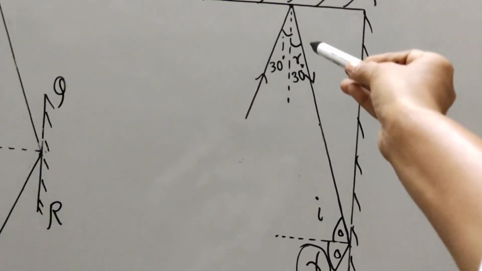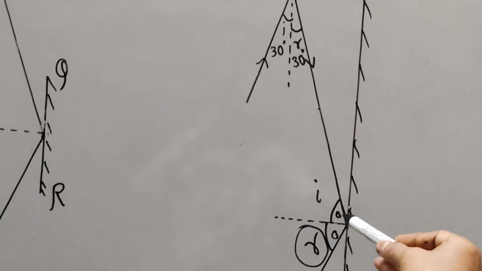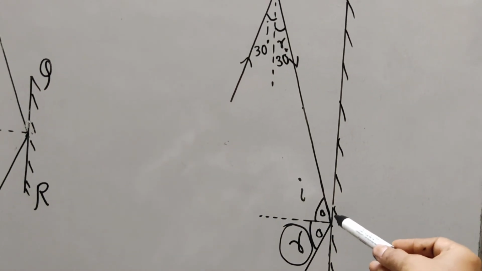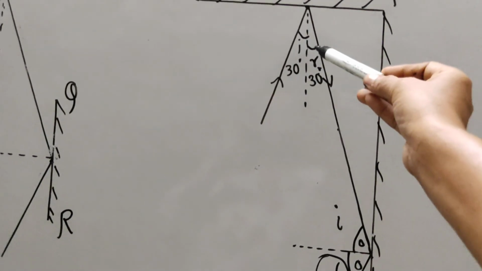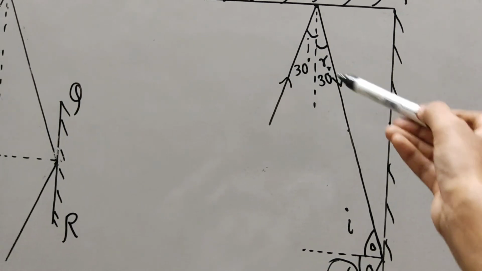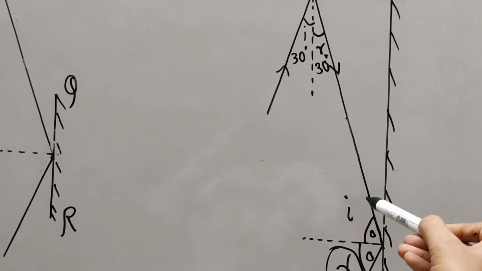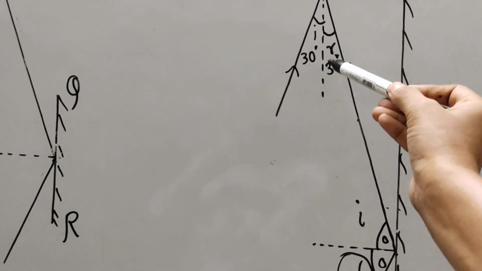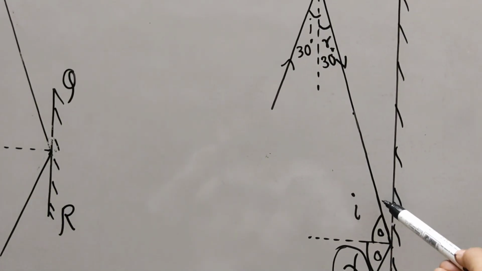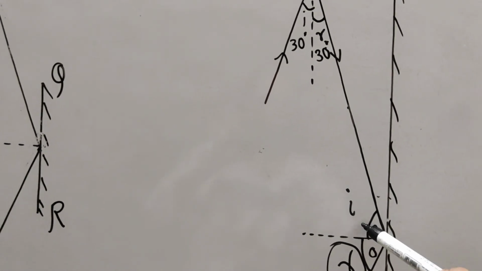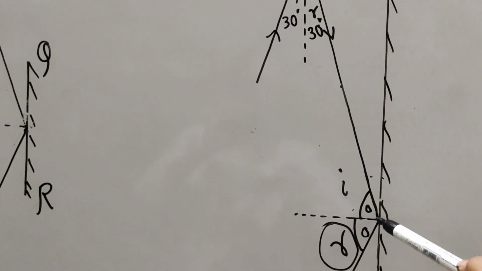So this becomes the transversal. So by using the property of maths, we know that if this is 30 degrees, then this angle is also 30 degrees, interior alternate angles. If this is 30 degrees, this is also 30 degrees, and this becomes 90 minus 30, 60 degrees, because this is a normal.